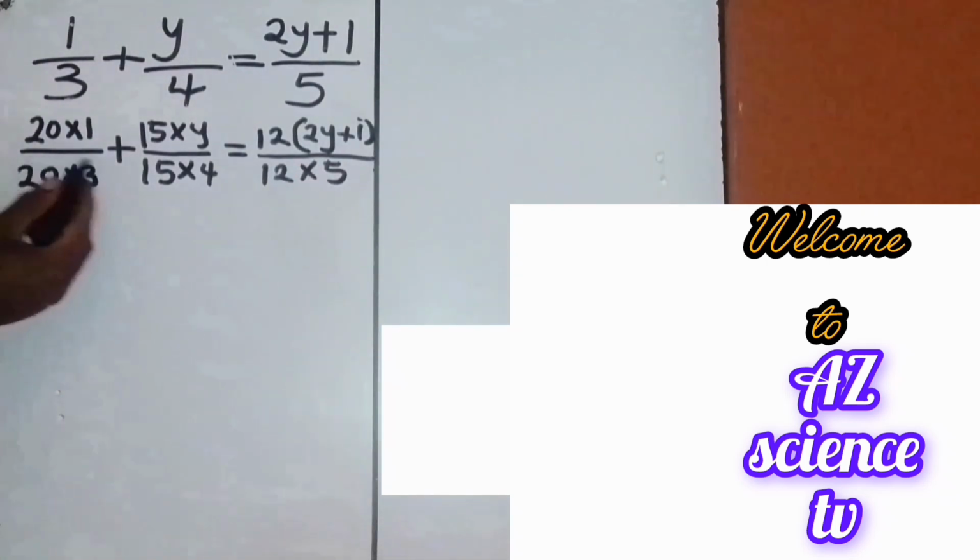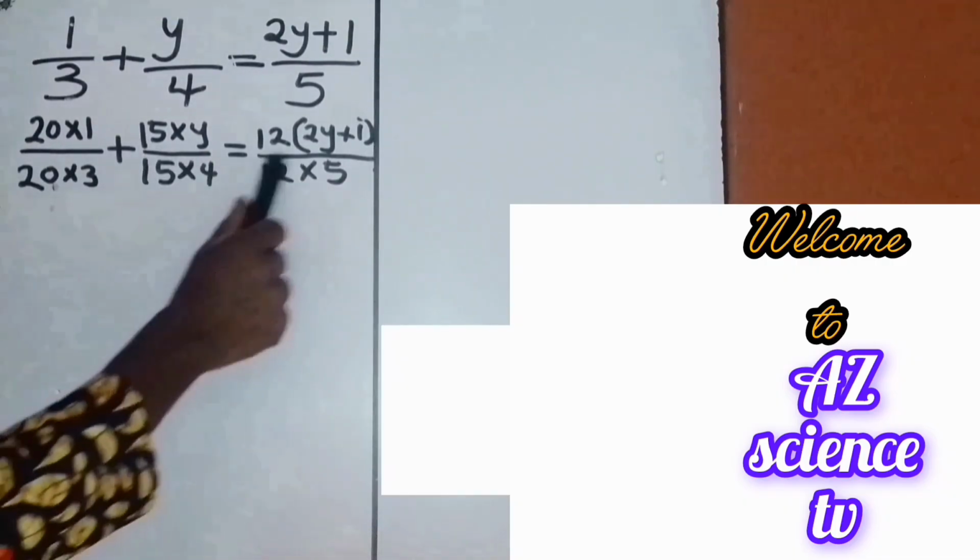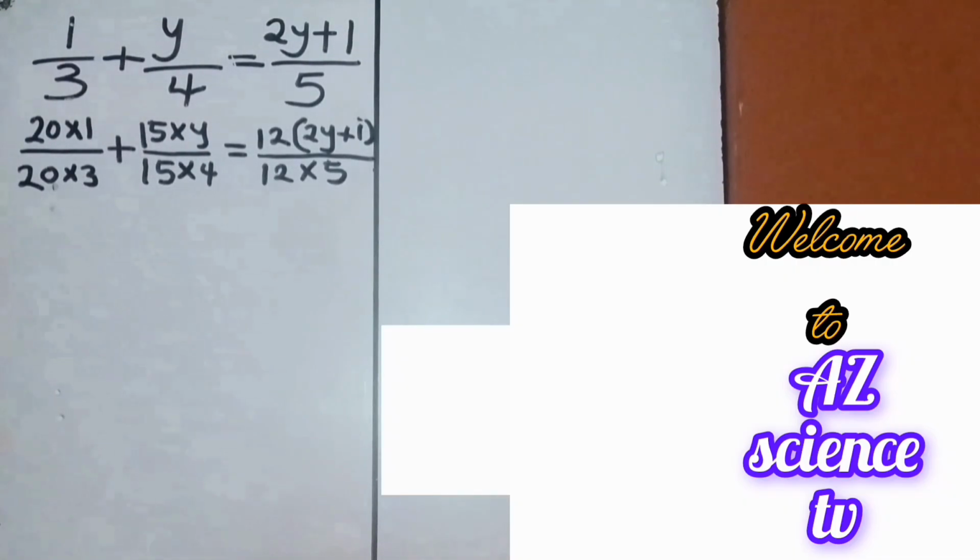You notice that if you multiply this, you will get 60. This will give you 60, this will give you 60, and this will give you 60. So they will all give you 60.